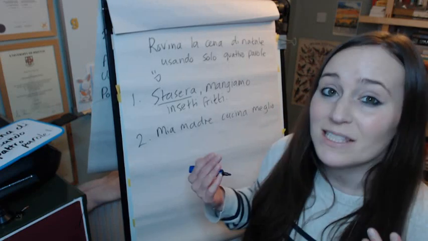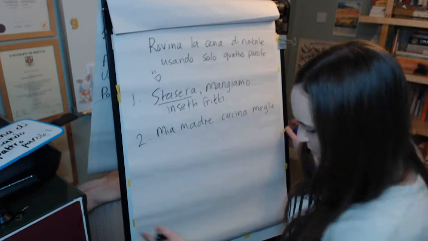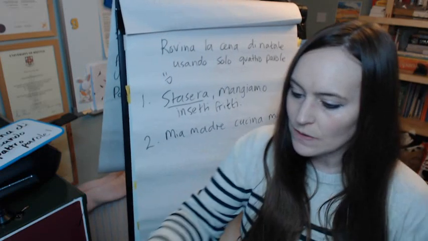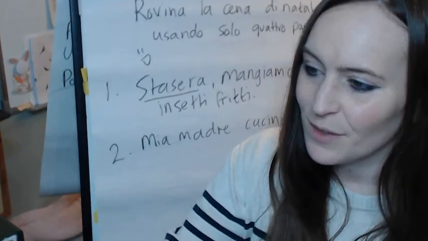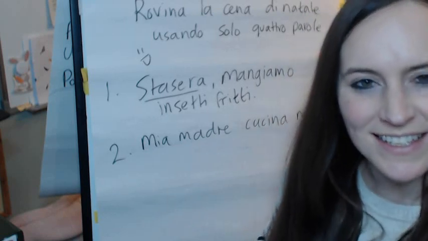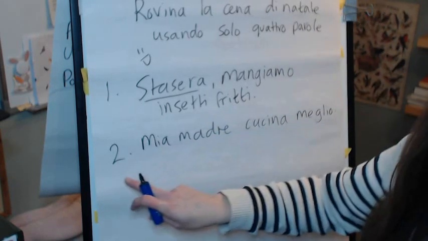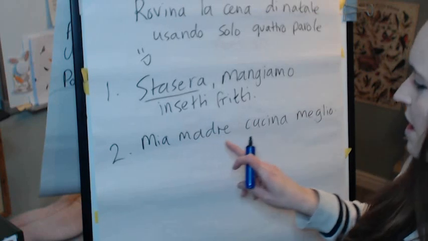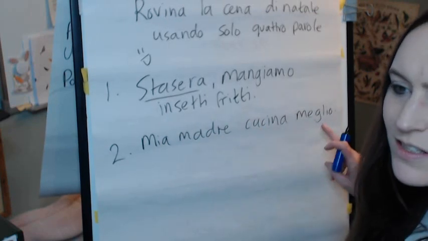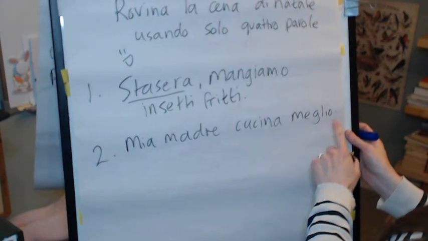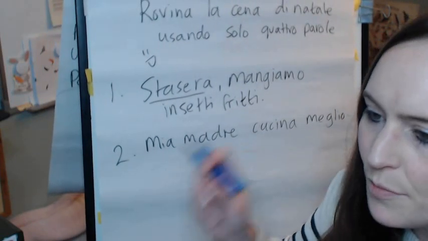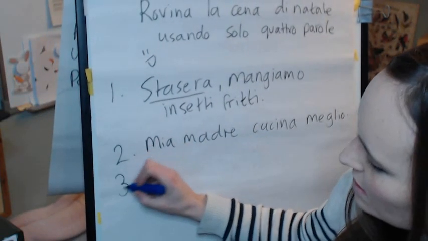Meglio means better. So let's zoom in because I don't think you can see that actually there. Number 1, stasera mangiamo insetti fritti. Number 2, mia madre, my mother, cucina, cooks, meglio, better. So meglio has got this G-L-I-O at the end. Meglio.